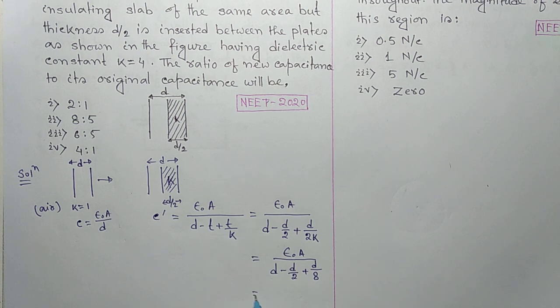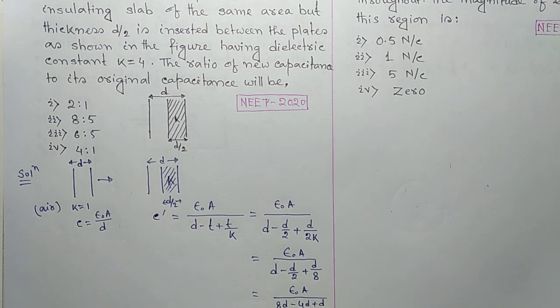Now it is equal to epsilon naught A by, after taking LCM, it will be 8. So here it is 8D minus 4D plus D.